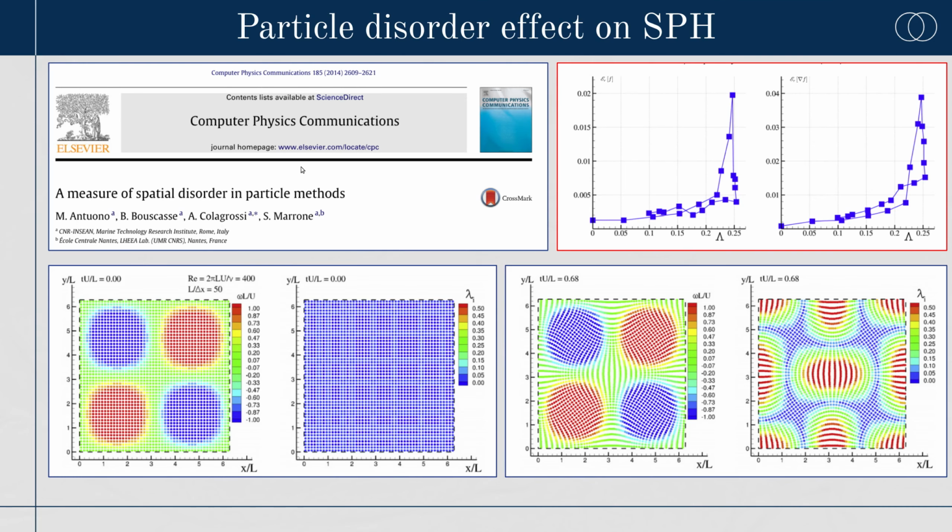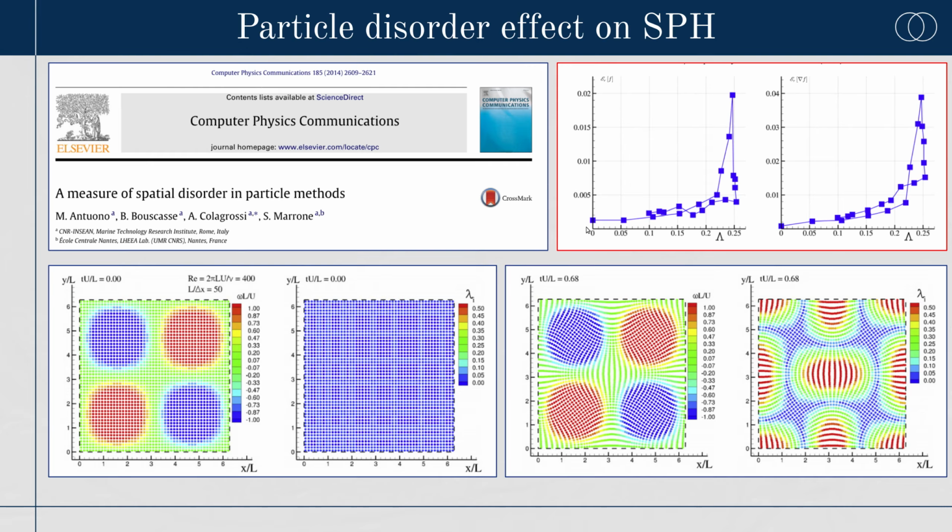In this work, published about 12 years ago, we measured the interpolation error of the SPH operator induced by particle disorder. Since particle disorder for the Taylor-Green vortex evolves dynamically in time, as particles rearrange during the simulation, their error also changes in time.